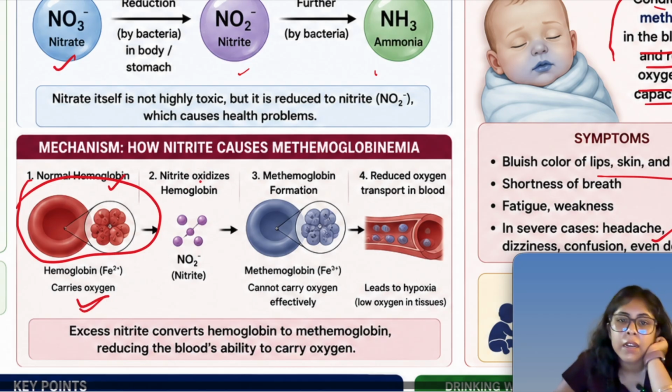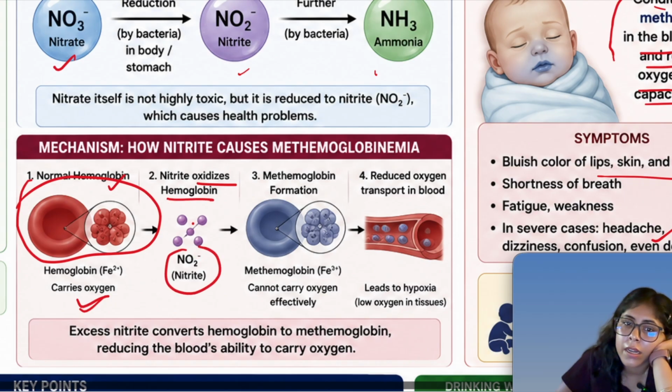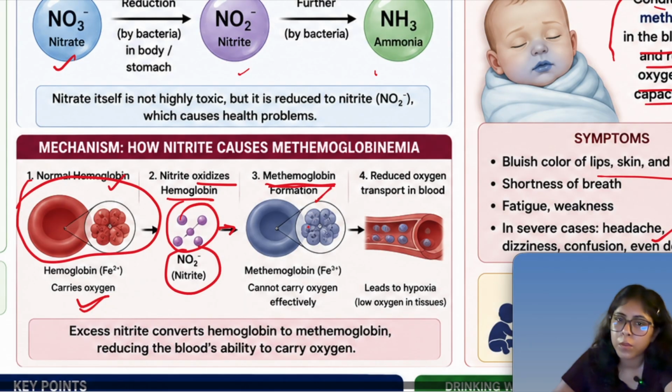Now nitrite will oxidize the hemoglobin, and then we call it methemoglobin. Methemoglobin is formed when nitrite reacts with the hemoglobin.